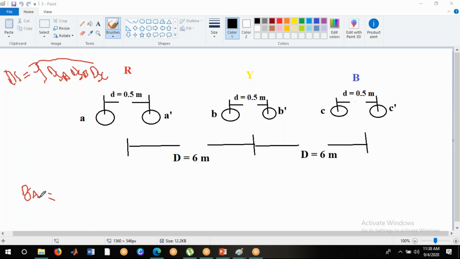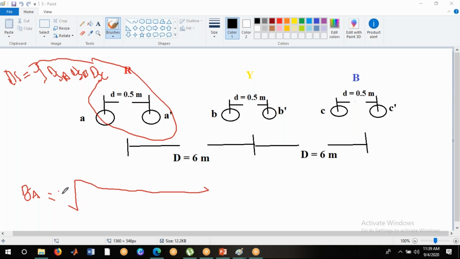So let's consider A is nothing but the R conductor, right? So this is the conductor we have. We have to find the GMR with respect to this conductor alone. Now we need the R conductor alone. So from this, it has two conductors, n equals 2.